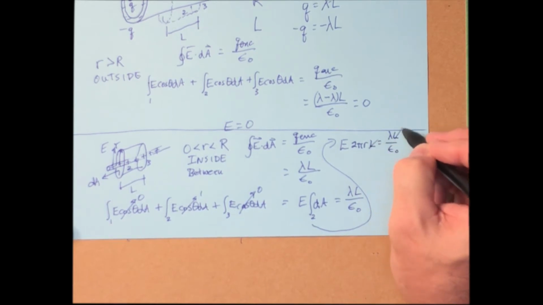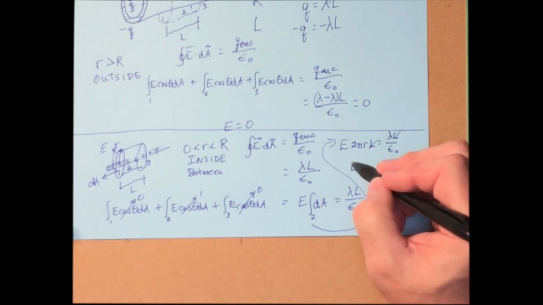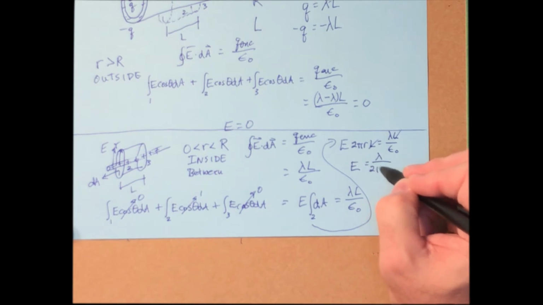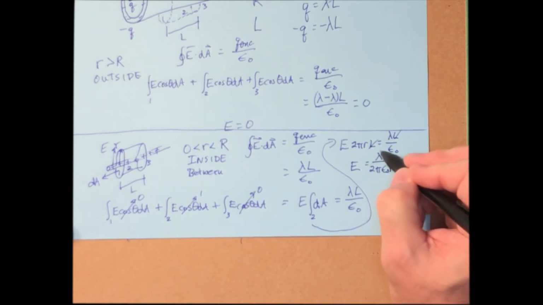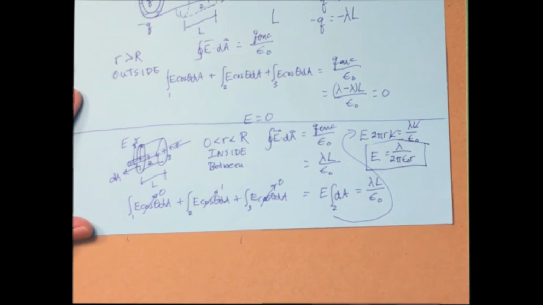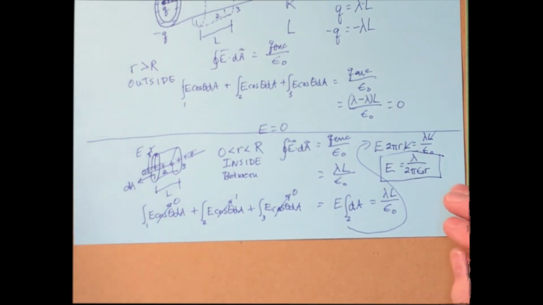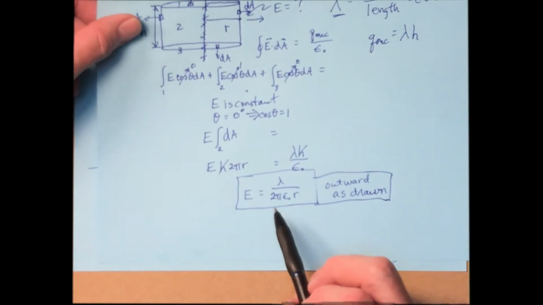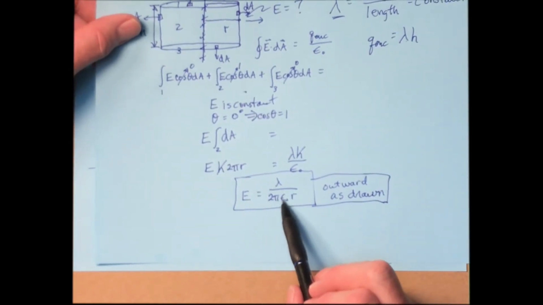You can see the L's cancel, and E is the old familiar lambda over 2 pi epsilon naught R for the line of charge, which is exactly what we got previously.